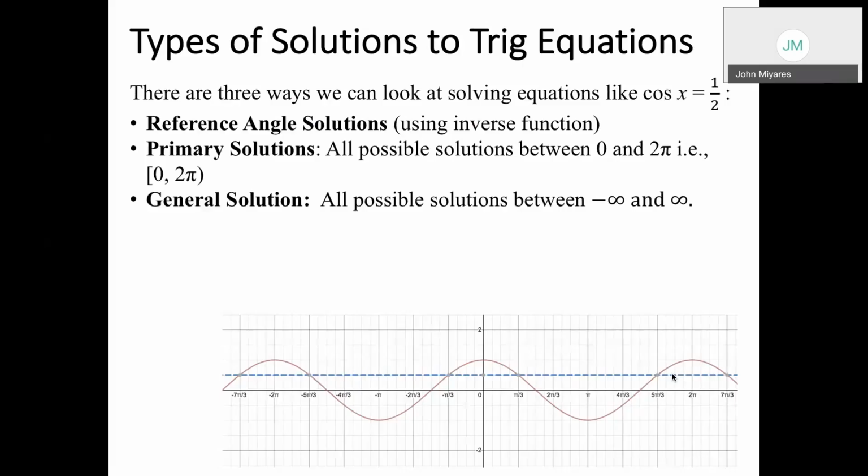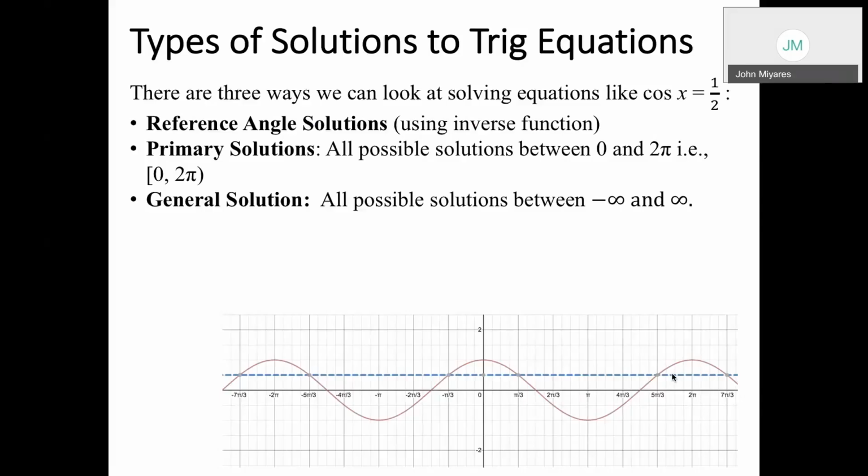But when you think about it, if the cosine of x is 1/2 at pi over 3 radians, or 60 degrees, then the cosine of x must also equal 1/2 at any angle coterminal with 60 degrees, or pi over 3 radians. The same can be said with any angle coterminal with 5 pi over 3 radians or 300 degrees.